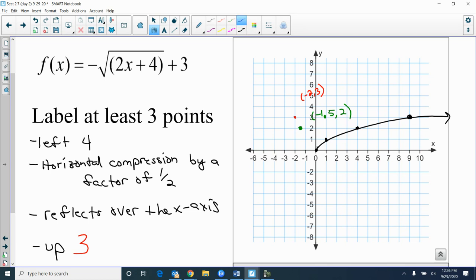Avery, what'd you get for your next point? What are the coordinates? I got 0, 1. You got 0, 1? All right, let's take a look if she's right. Starting at 4, 2. If you move it left 4, you go right there. Now, let me erase that for a second.